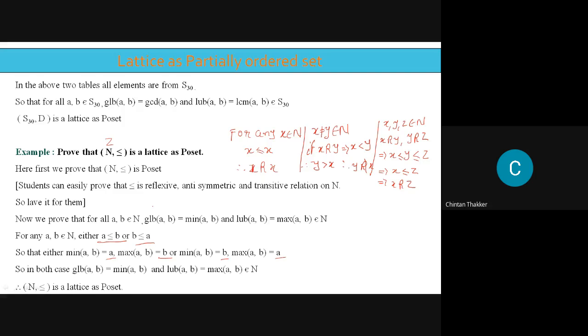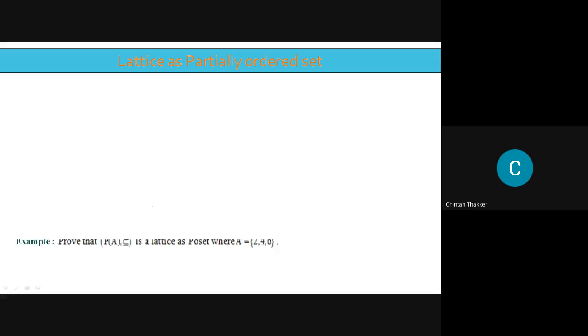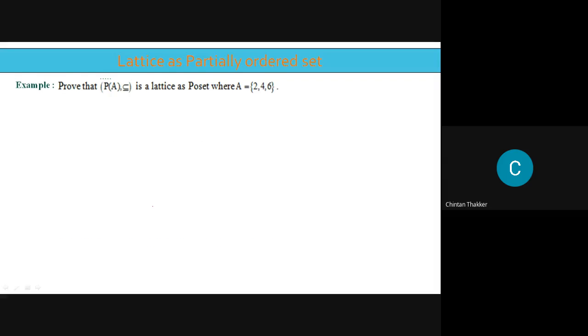Now the third relation we take. The third relation is the subset relation. What is the GLB and what is the LUB of the subset relation?